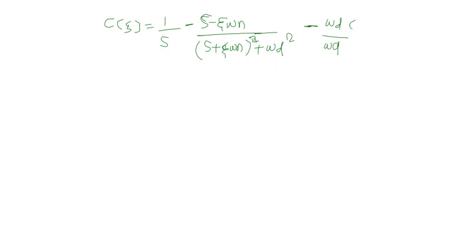So here already we are having zeta omega n, and in the denominator part we are having s plus zeta omega n whole square plus omega d square.